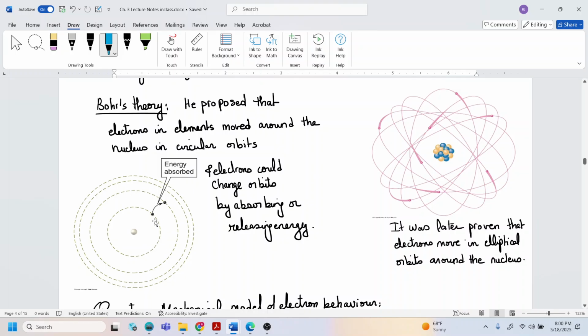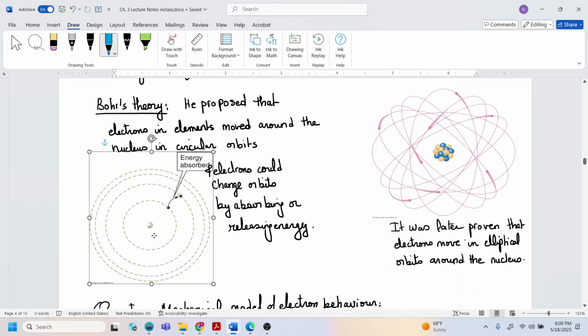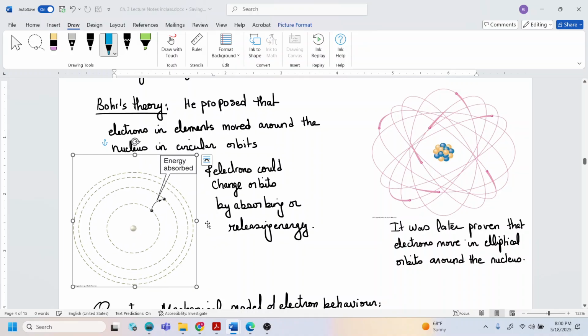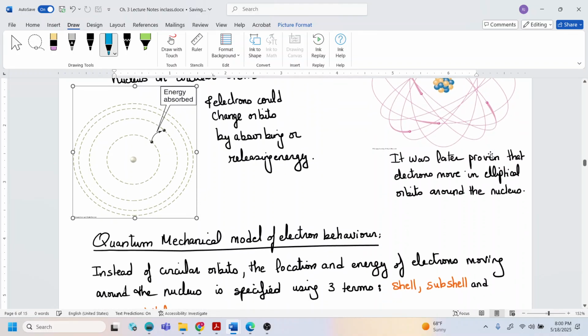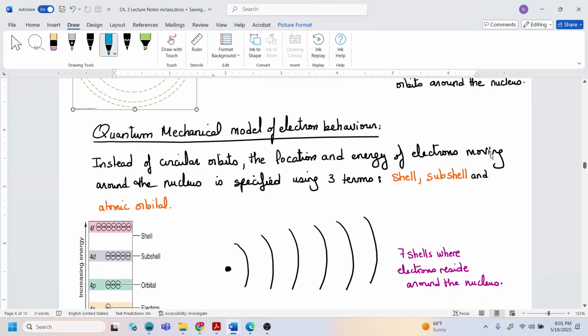And electrons could change orbits by simply absorbing or releasing energy. In fact, it was later discovered that these electrons don't rotate around the nucleus in circular orbits. They do move very fast around the nucleus, but they move in elliptical orbits around the central nucleus.